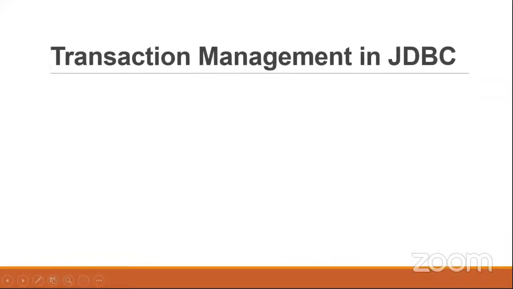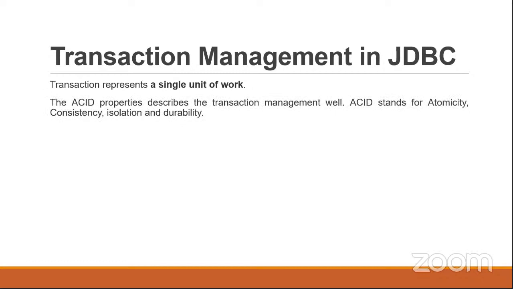Transactional management in Java database connectivity. Yes, it's a single unit of work, and we can achieve this transactional unit by using its ACID properties. A stands for atomicity. Atomicity is nothing but either successfully stored in the table or not stored in the table. I'm talking about records. So whether successfully committed or not committed. So this is about atomicity.